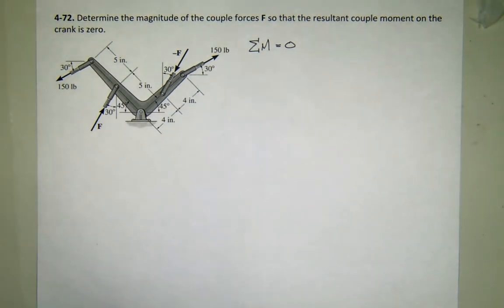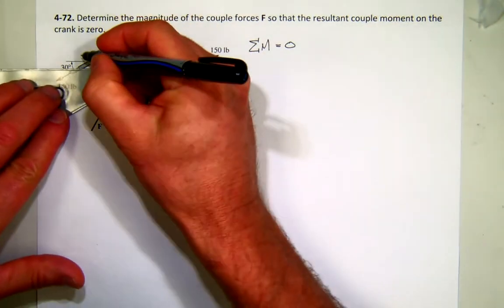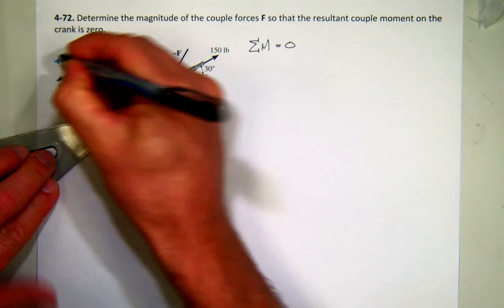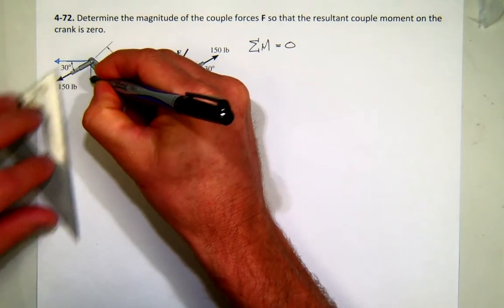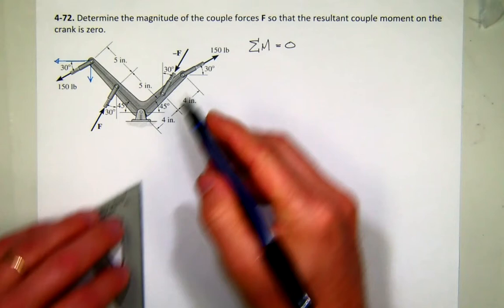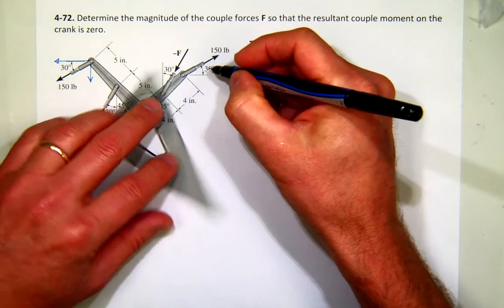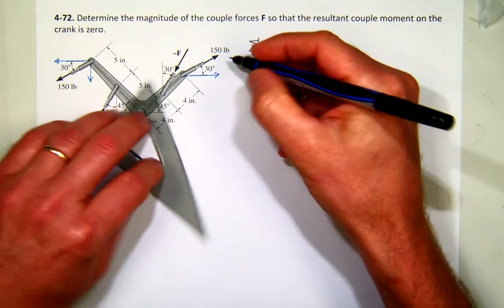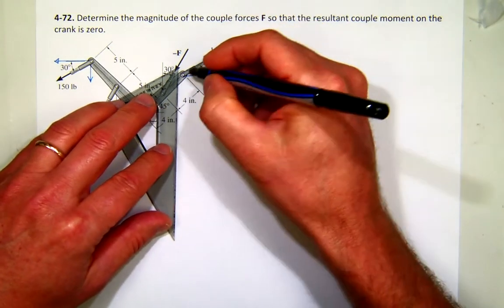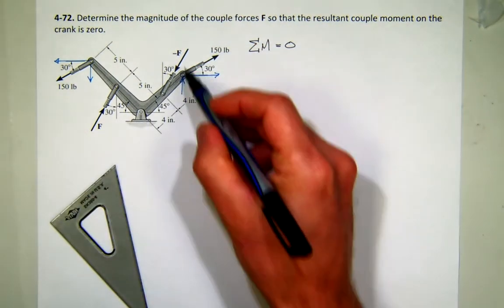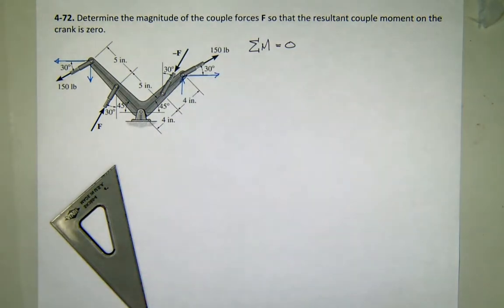I'm going to look at an x component and a y component for this couple. Might get a little confusing. There's my y component, and I'm going to draw my x component here. It looks a little odd, but I don't want to interfere with the other force.